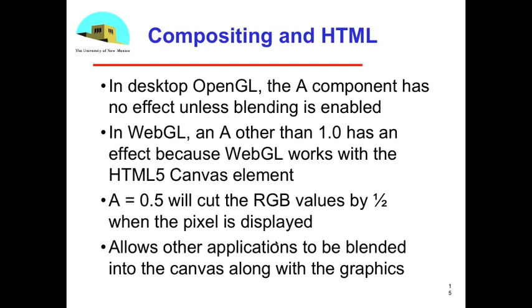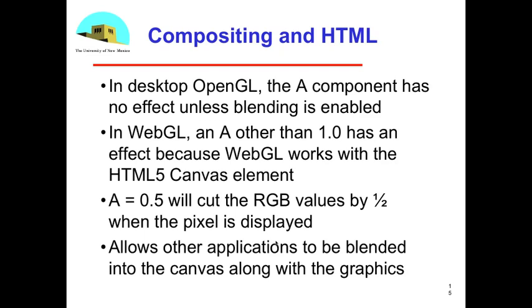What it does is multiply that value, assuming it's between 0 and 1, times the red, green, and blue components. So if you set A to be 0.5, regardless of whether blending has been enabled or not, it's going to be equivalent to setting the R's, the G's, and the B's to 1/2 of the values that you specified. And so you'll see those colors as being faded from what you thought they were.